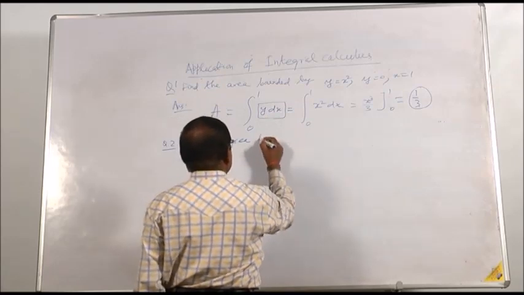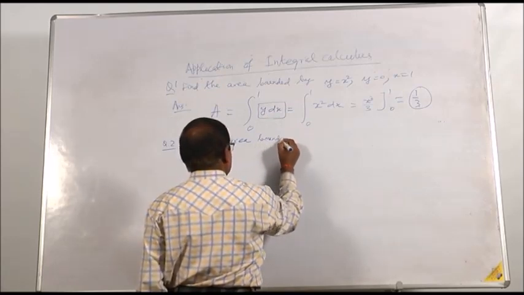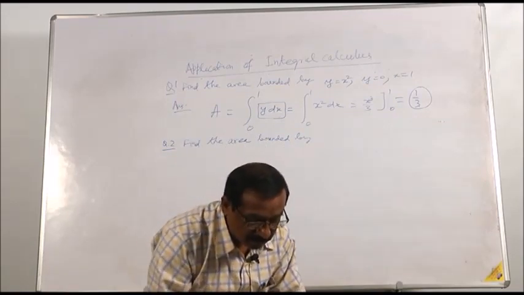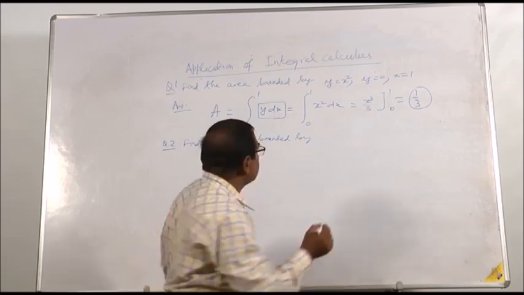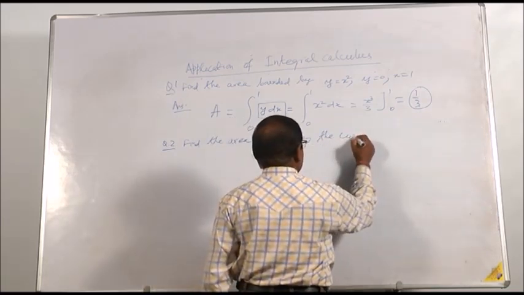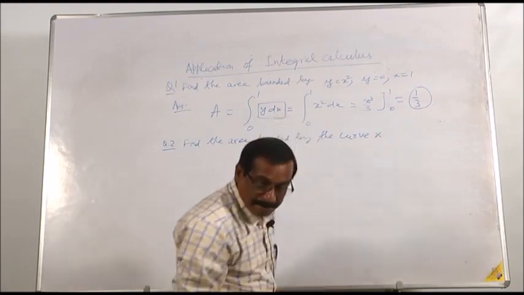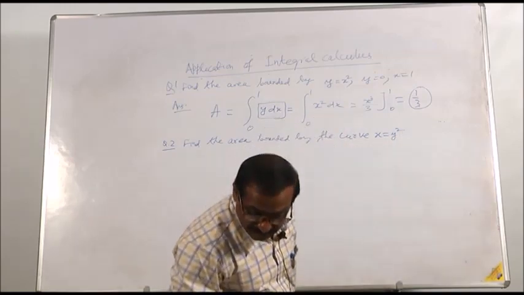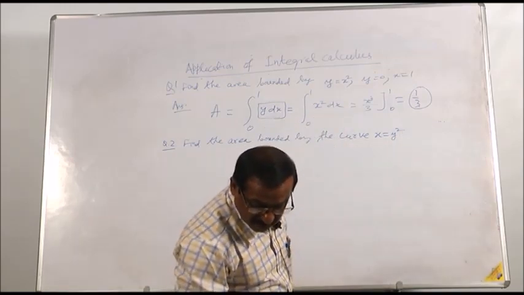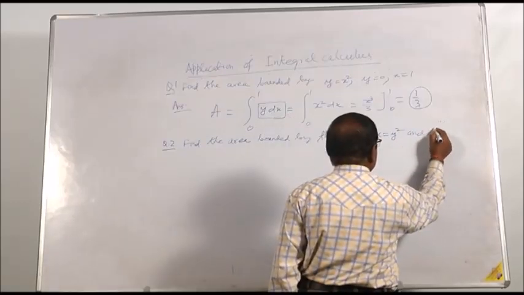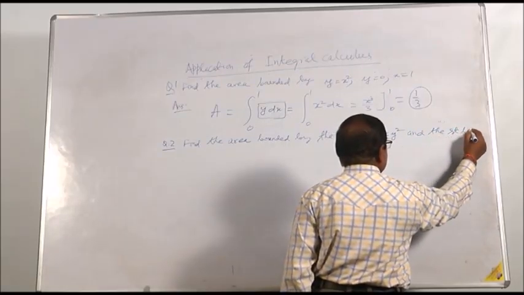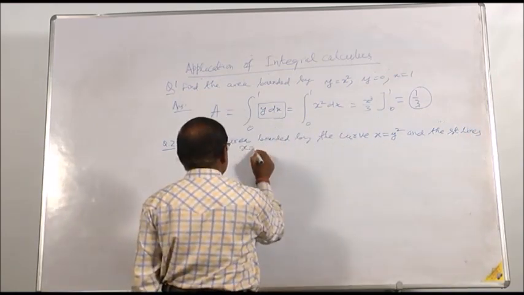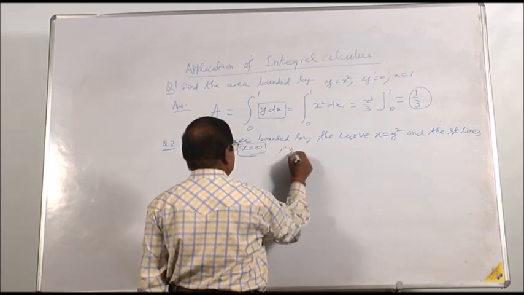Find the area bounded by the curve x is equal to y square and the straight lines x is equal to 0, y is equal to 1.